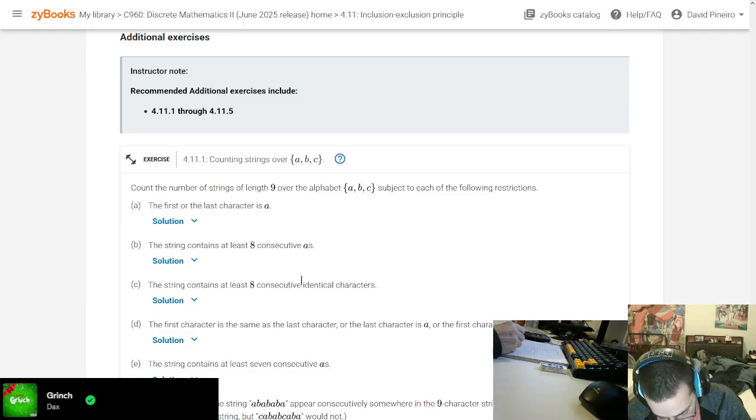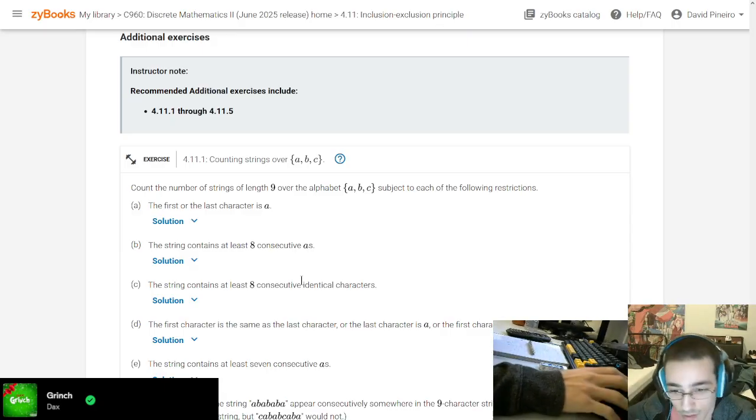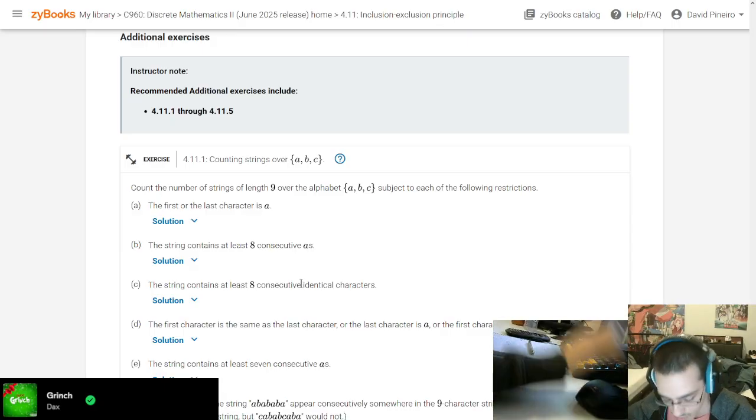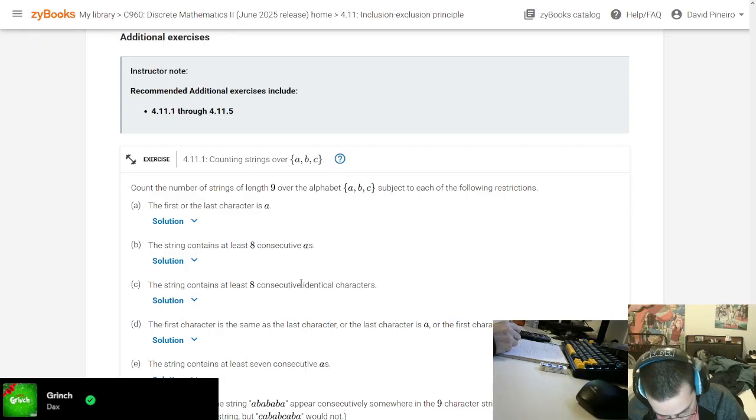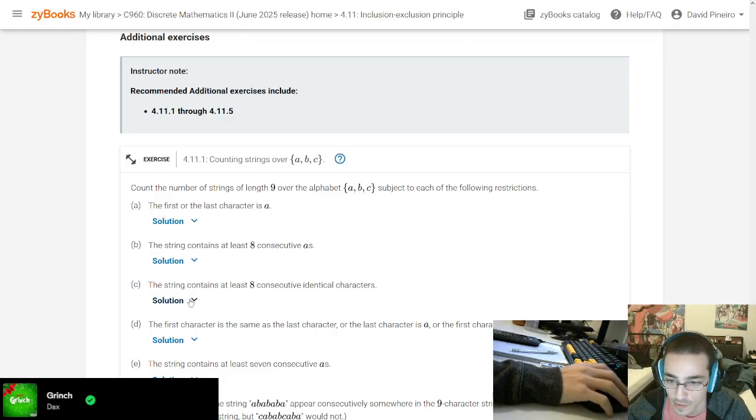And it's the same for B. Then the intersection is if they're all the same, so that is just 3. So 3 times 2 minus 3 is 15.